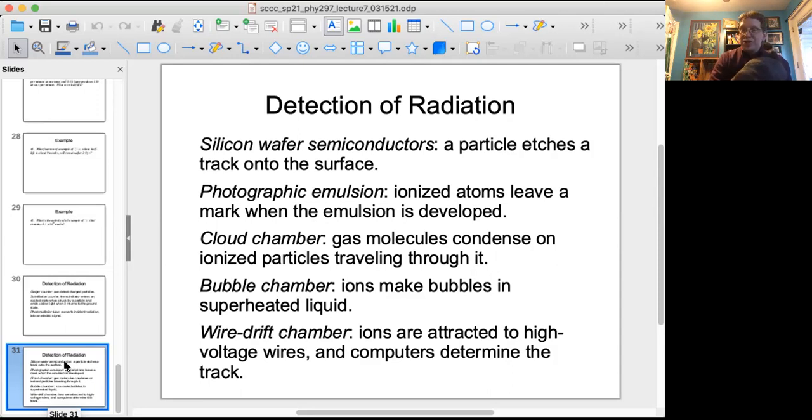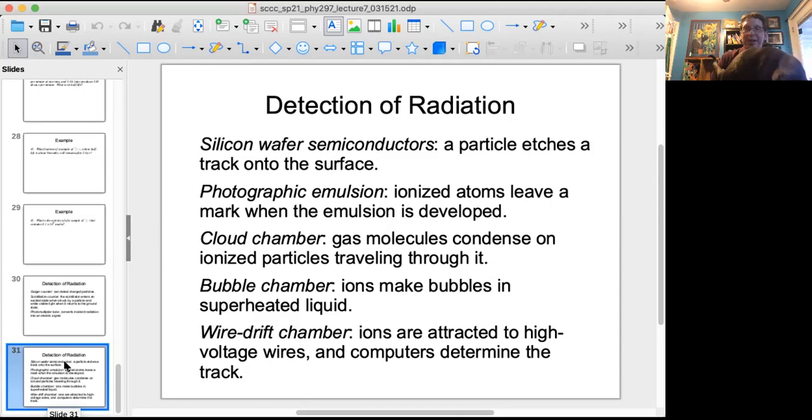And in a bubble chamber, the ions make bubbles in superheated liquid. Wherever they make contact, the liquid evaporates, and you have these gas bubbles.